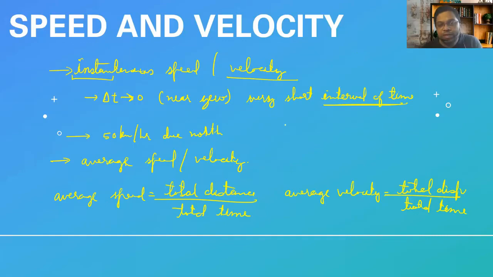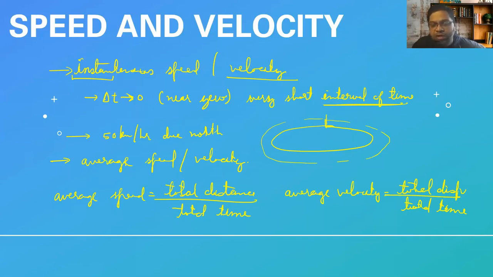Especially, for example, if this is a circular track. Now, suppose this circular track is 200 meters. So when an athlete starts running, and the athlete completes 200 meters. Now, you all know, students, that if you are running 200 meters, you're not running at the same speed all the time. Okay, initially you take off, you're faster, then you slow down, and then you maintain a pace.